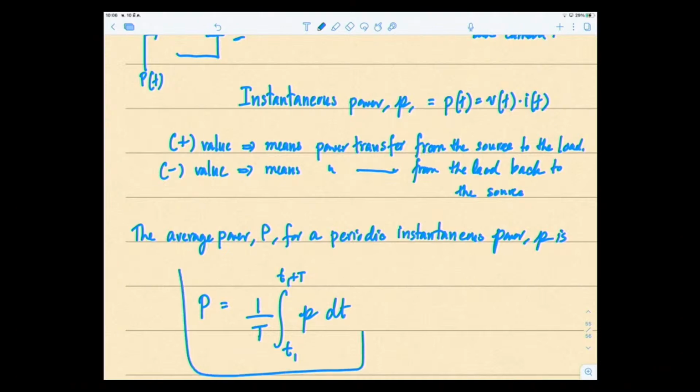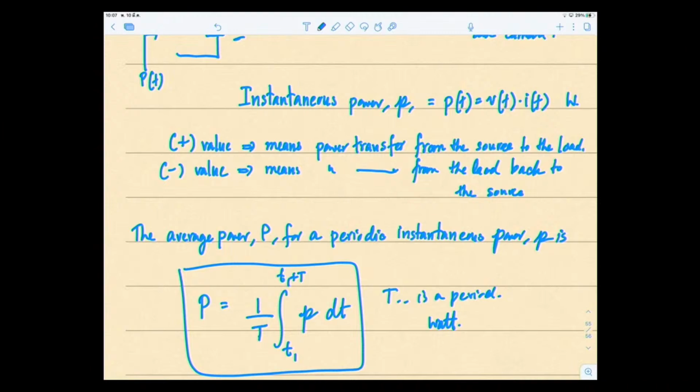This is the formula to find the average power, and the unit is watt. The instantaneous power unit is also watt. T is the period. Back to this formula.